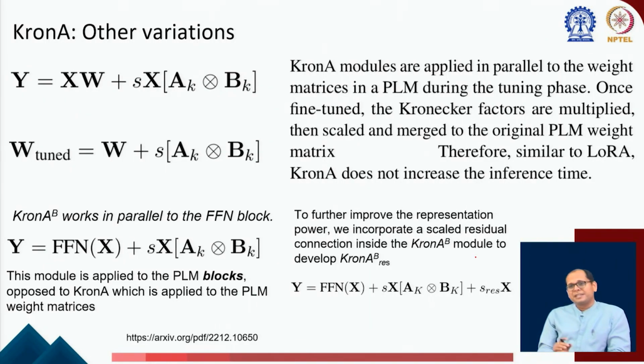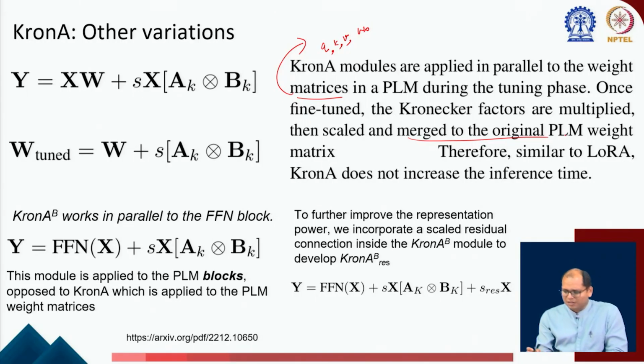In the KronA paper, they tried other variations also. The previous block we talked about, KronA, they apply to the weight matrices only. What do I mean by that? They are not in the feed forward network. They are the query, key, value and W0 matrices, and then they are merged into the original PLM like you do with LoRA.